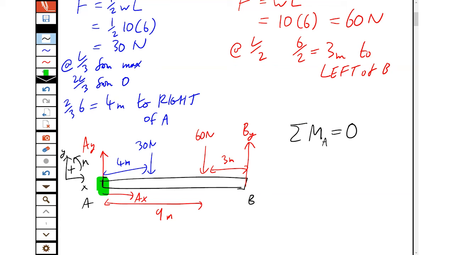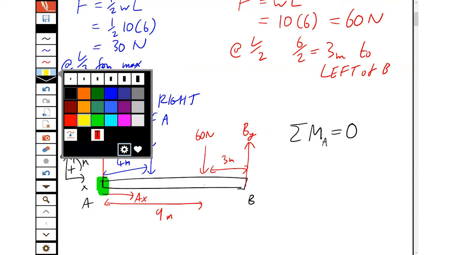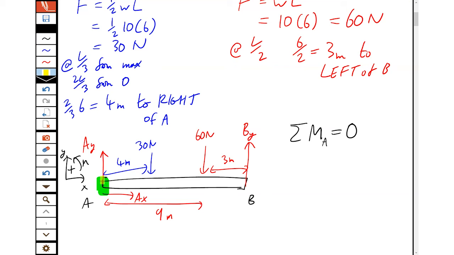So let's go through the forces now. The forces at A, the X and Y components, are pushing directly on the pivot. So they provide no moment. Just like pushing on the hinge of a door won't turn the door.